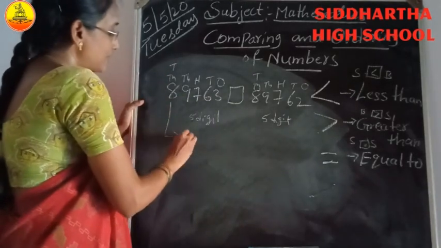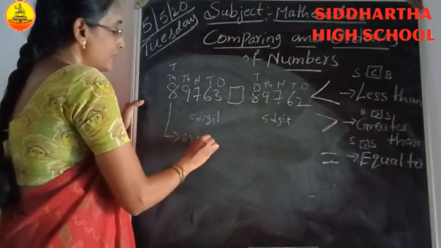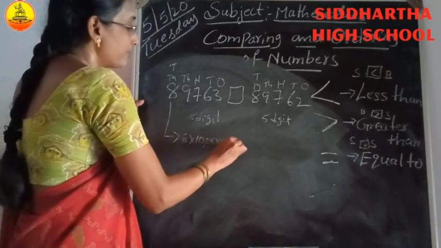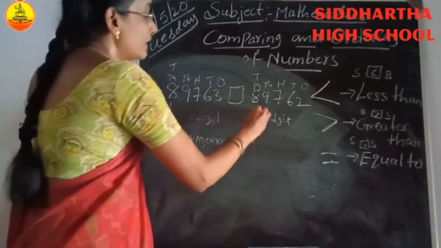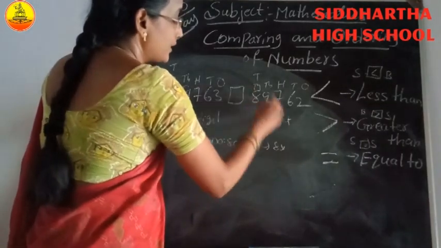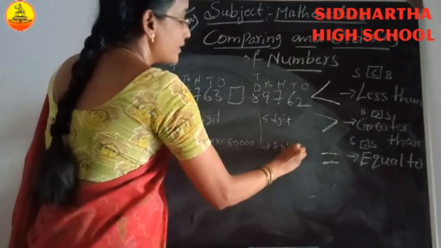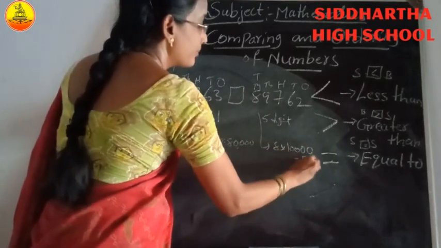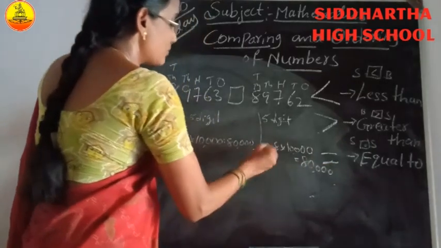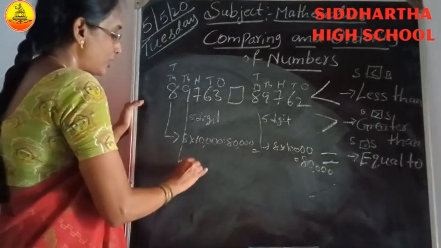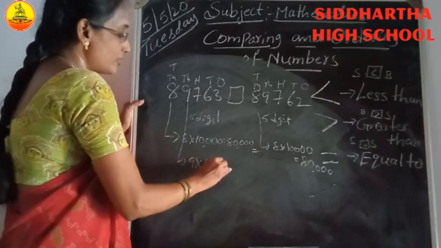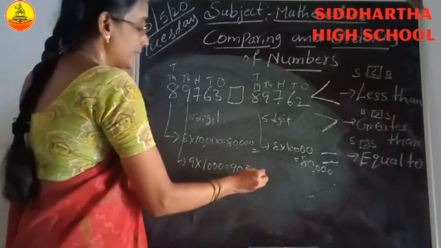8 in the 10,000s place. 8 into 10,000 is 80,000. Here also 8 in the 10,000s place, 8 into 10,000 is 80,000. These both are equal. Now 9 in the thousands place, so it will be 9,000.